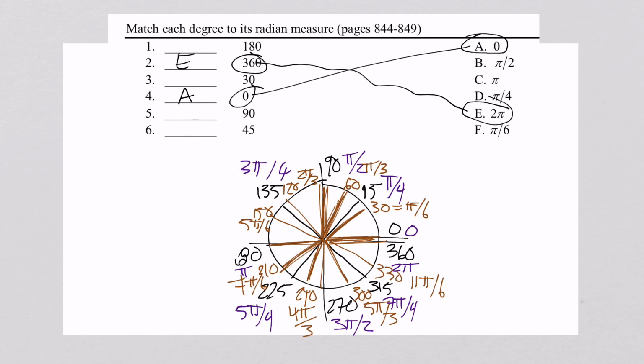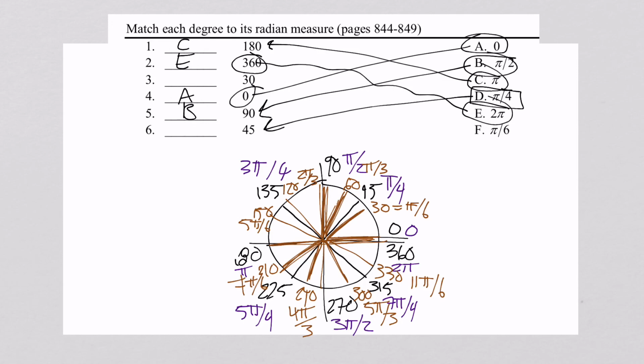And then I'd start splitting things in half. Half of 360 is 180, and so half of 2 pi is pi. And so I get C for that first one. And I'd split 180 in half again, because half of 180 is 90, and half of pi is pi over 2. So I get B. Half of 90 is 45, and half of pi over 2 is pi over 4.